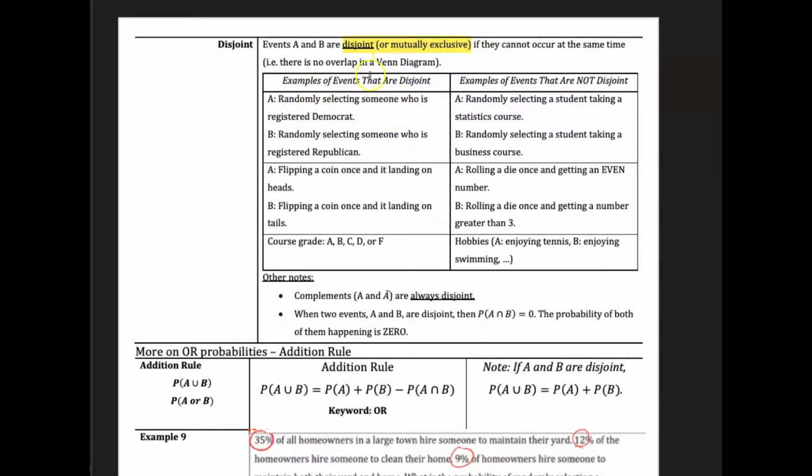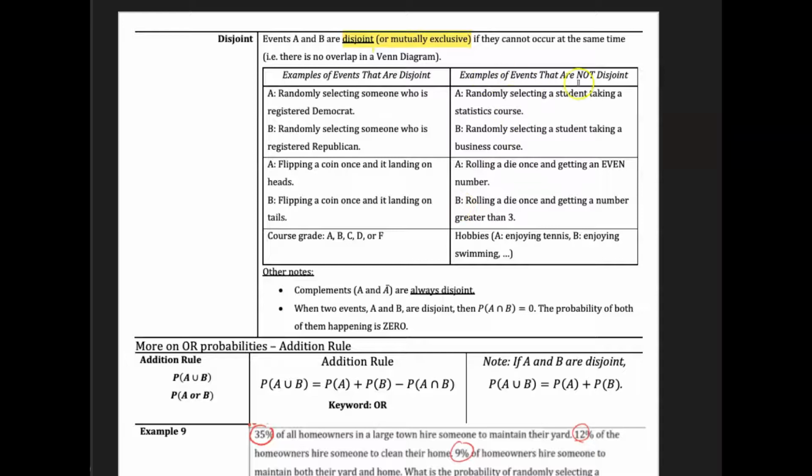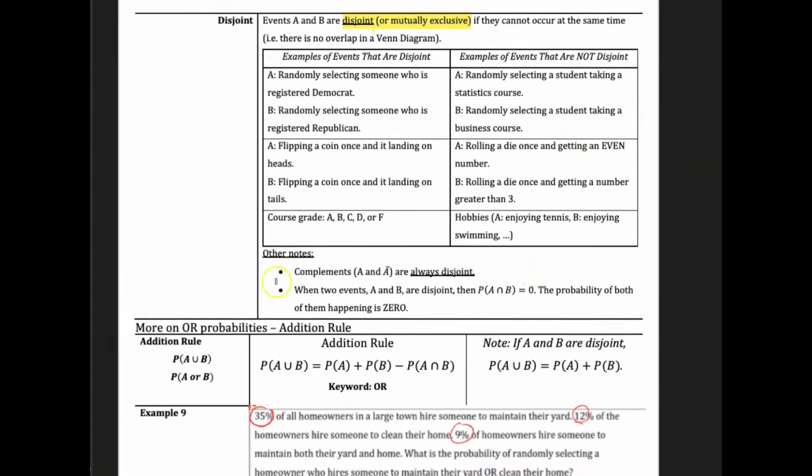And so here are examples that are disjoint and not disjoint. If you can go through that a little bit, so I don't have to talk through that, but you can see again, disjoint events cannot occur at the same time. Some rules come from disjoint events in our world.